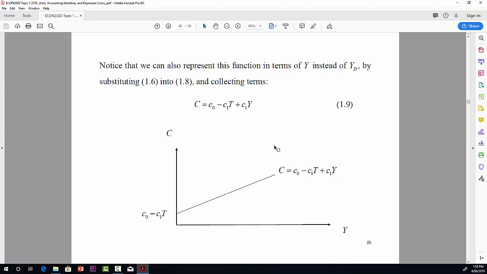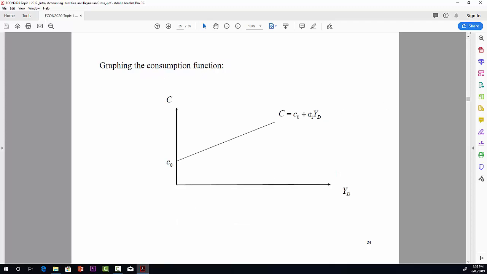Now, for most of the course, I'm going to rewrite this a little bit so that we can graph this in terms of y instead of yd. So I'm going to take that consumption function and substitute in our definition for yd, which you remember is y minus t.